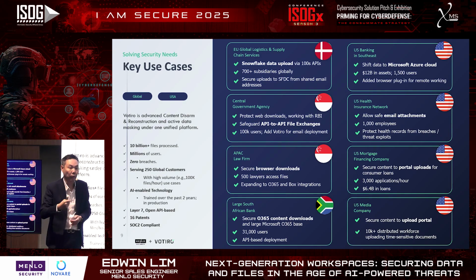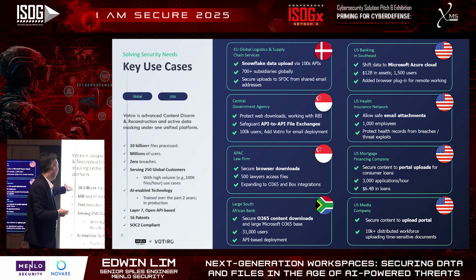So this is one very good use case. They have so many tens of billions of files being processed. That's how fast the system is, and it's able to sanitize everything and zero trust the file.